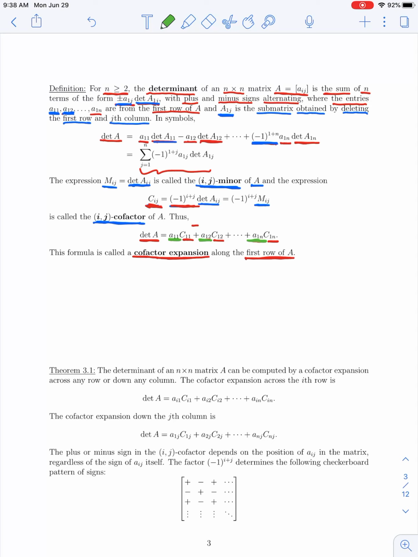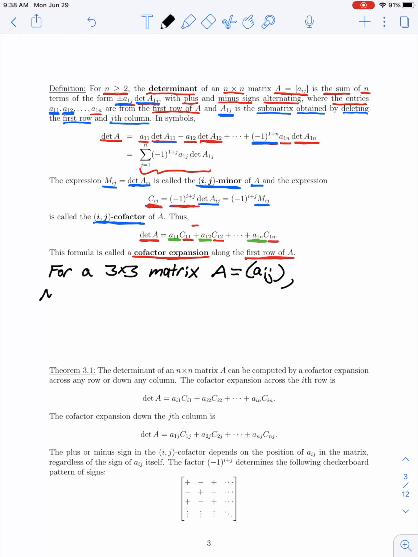So in the case that we were working with a 3x3 matrix, let's identify what those minors and cofactors are, get a little more familiar with these terms. So let's say for a 3x3 matrix, let's call it A, say the same general form that we had seen earlier, where our ijth entry is little a sub ij.